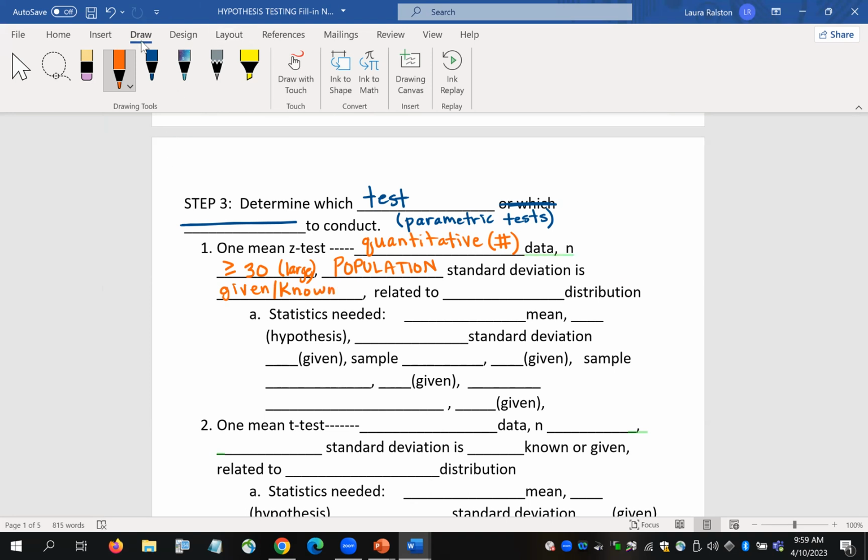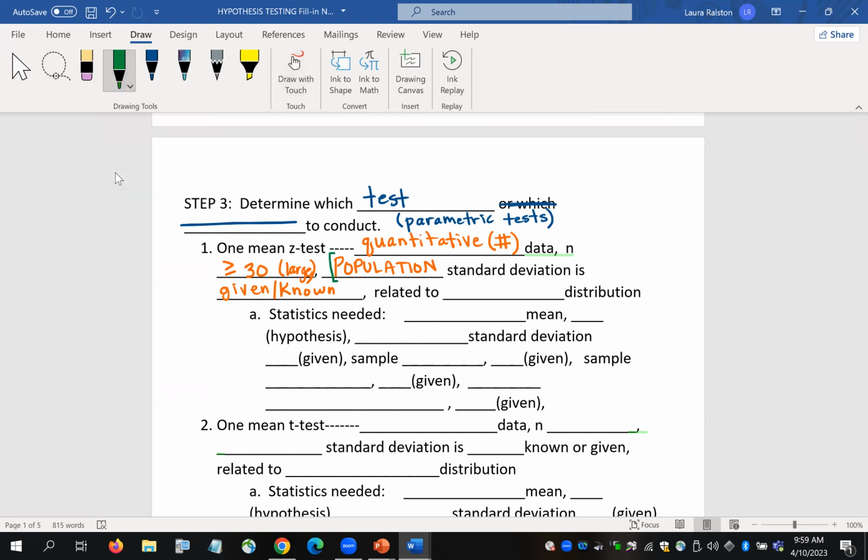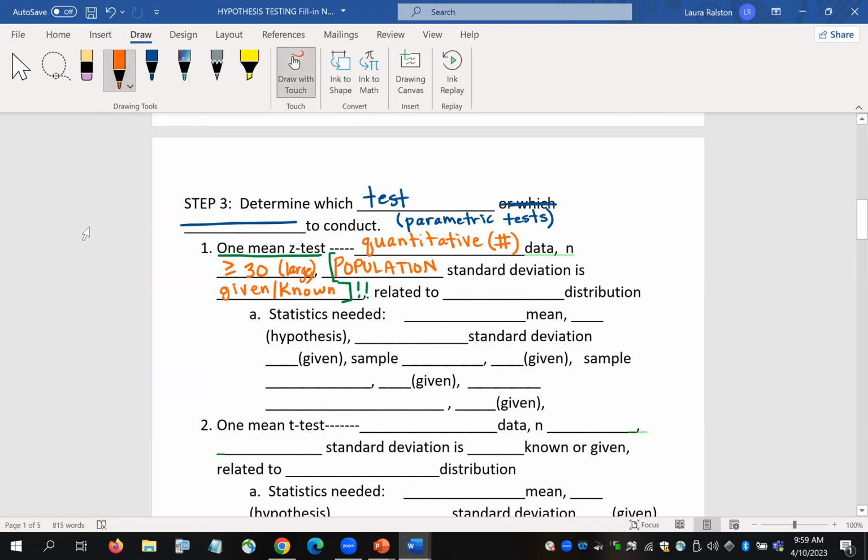And for us, that's going to be the determining factor. If you know the population standard deviation, that is going to be the big red flag waving in your face saying, do a one mean z-test. Again, there are other considerations that if we were doing this in reality we might take into consideration.